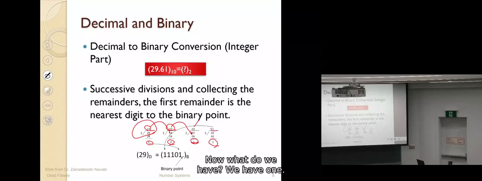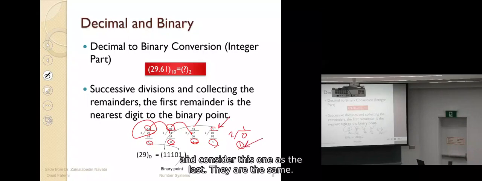Now what do we have? We have 1. Either you could stop here and consider that, or you could divide 1 also. 1 divided by 2, the result would be 0, and the remainder would be 1. So either you consider this 1 as the last digit, or you continue dividing and consider this 1 as the last digit.